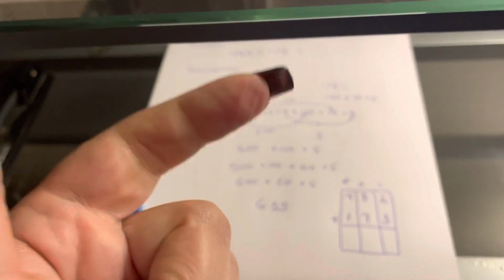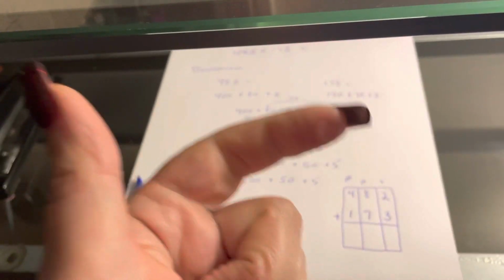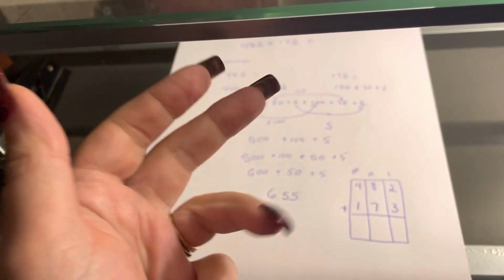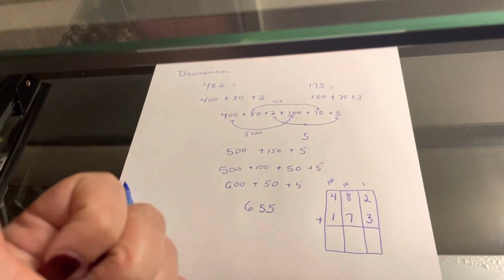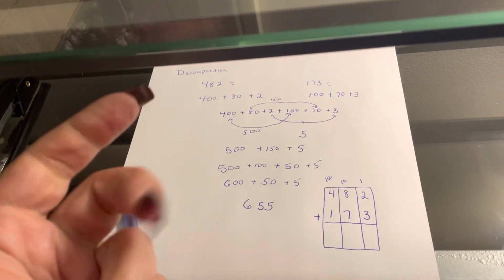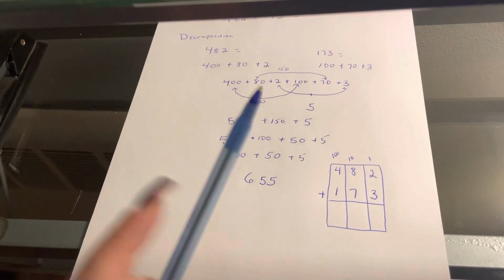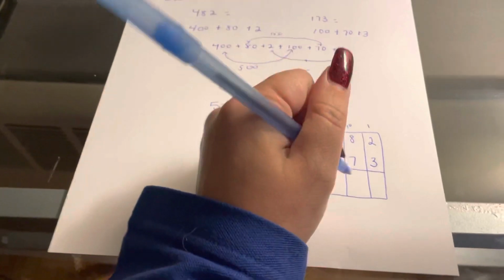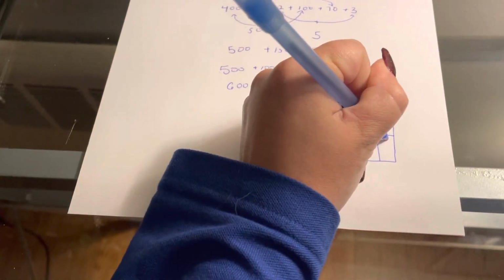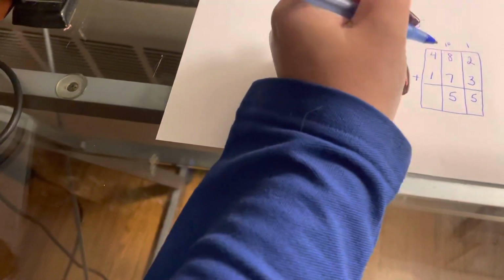You could count 1, 2, 3, 4, 5, 6, 7, 8, and then keep going. 9, 10, 11, 12, 13, 14, 15. So you can make this 5, and this is 15.